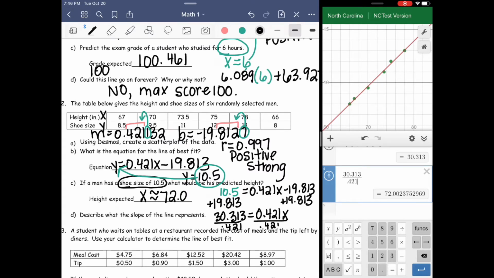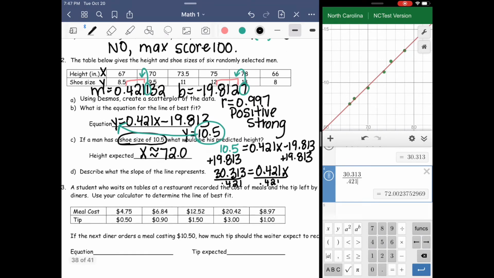So if they're predicting that if you have a shoe size of 10.5, then you should have a height of 72 inches. Okay, so if they give you an x, all you're going to do is evaluate. You're going to multiply your slope and add or subtract your y-intercept. If they give you a y value, then you're going to have to actually solve that using your inverse operations.